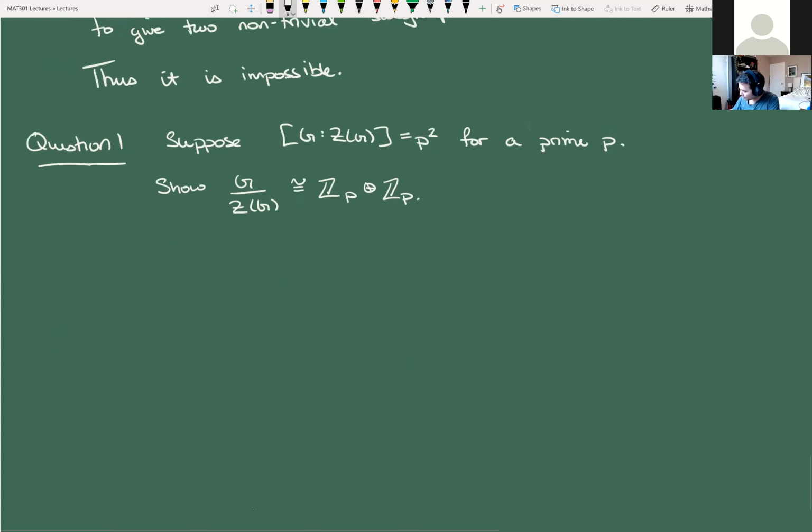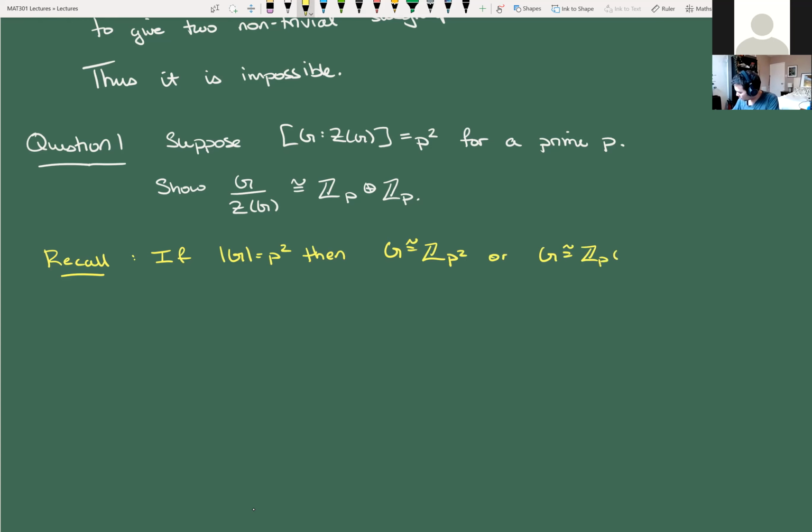Okay, and let me do a little recollection here. This one's in the book, but I didn't talk about it here. So recall, if the order of G is equal to p squared, then G is isomorphic to Zp squared, or G is isomorphic to Zp plus Zp.